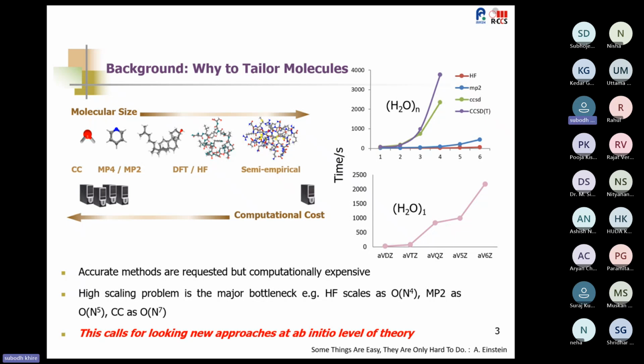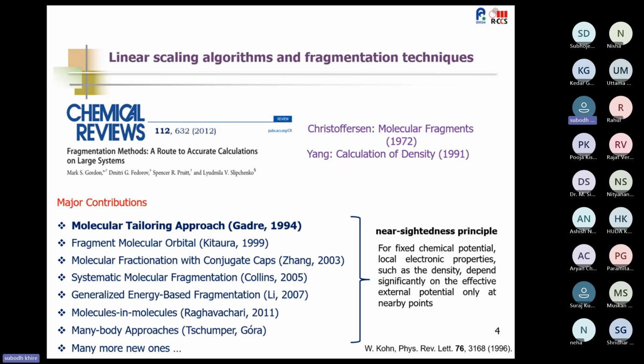And as Einstein said, some things are very easy to say but hard to do. Fragmenting the molecule is easy to say, break the molecule and do the things, but it is a bit hard to do.